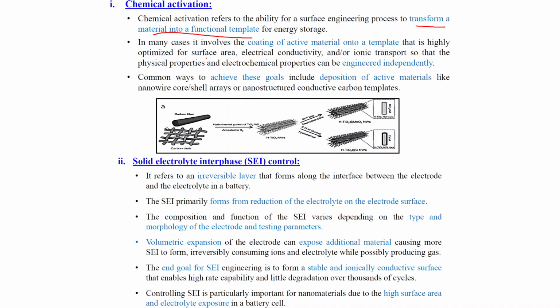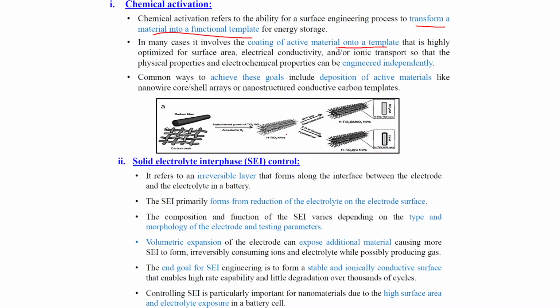In many cases, it involves the coating of active material onto a template that is highly optimized for surface area. So what happens when we grow this TiO2 over this carbon cloth? Its surface area increases, and it becomes more porous.